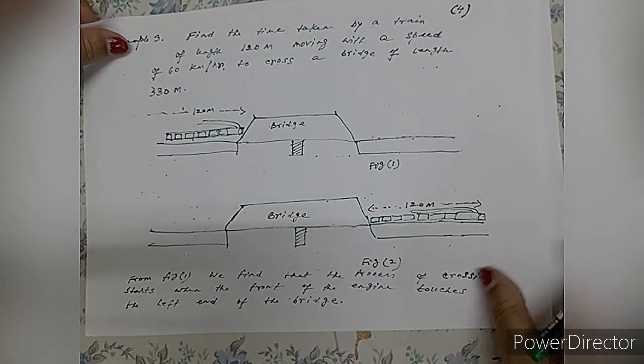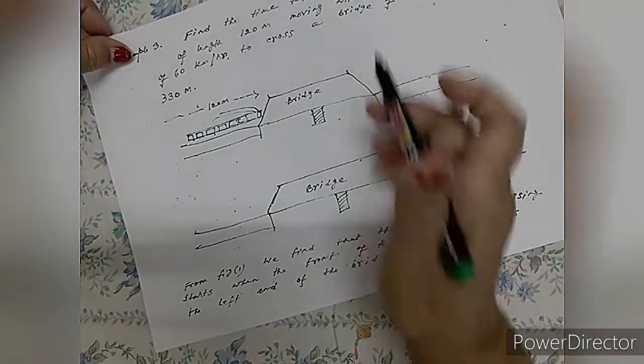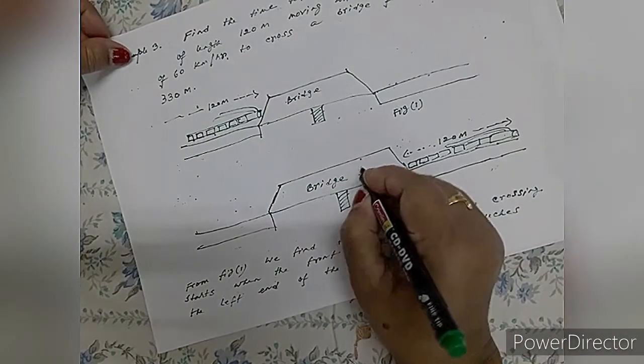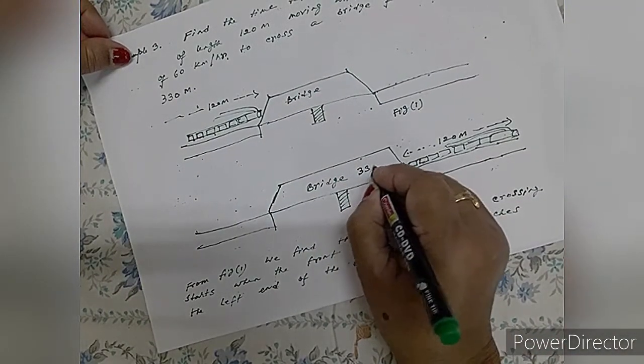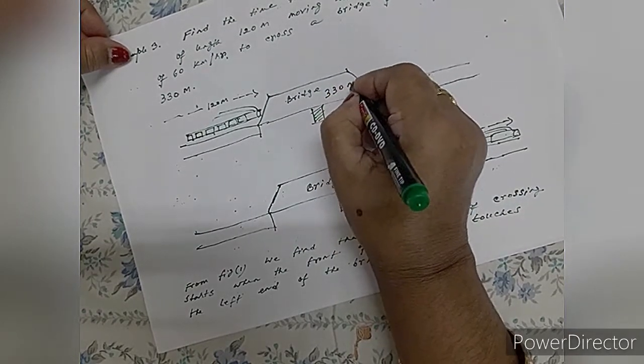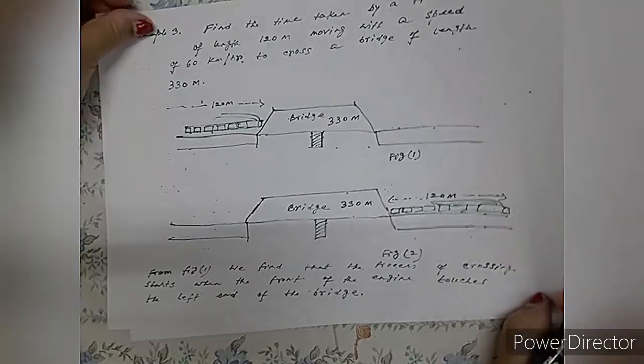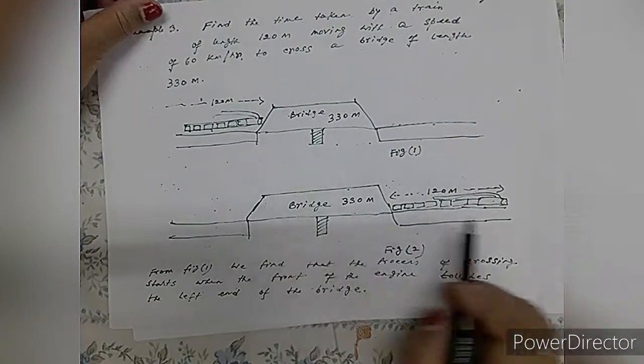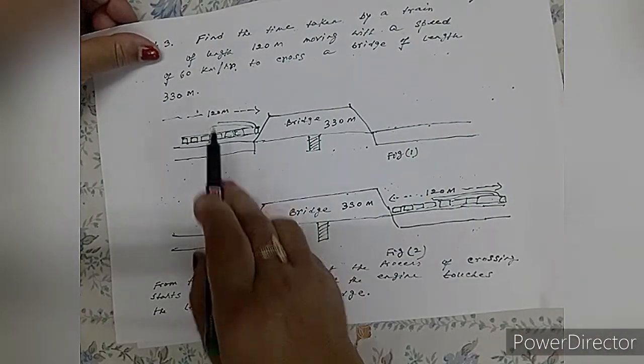You see, the length of the bridge in the question is 330 meter. The length of the train is 120 meter.